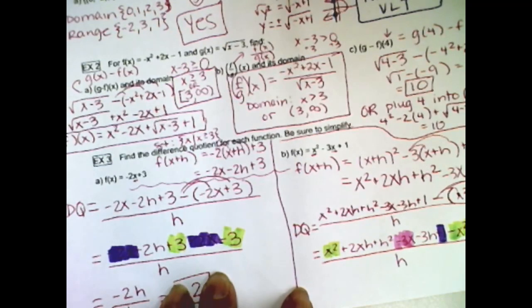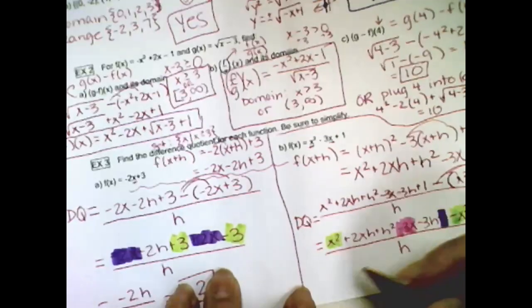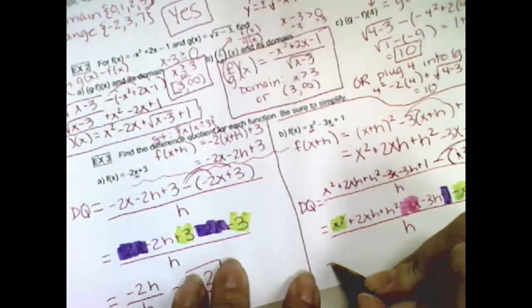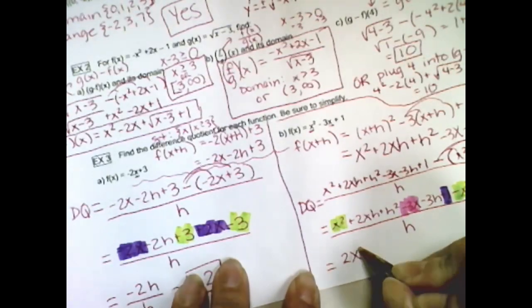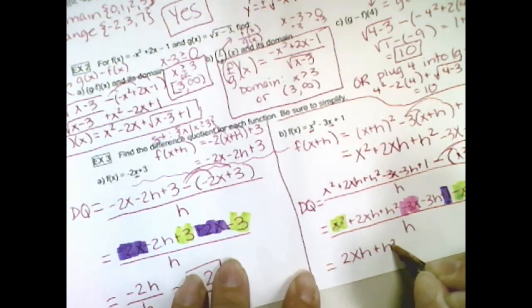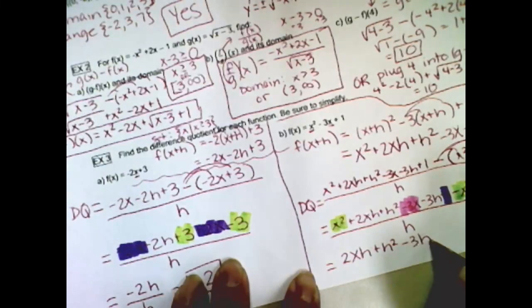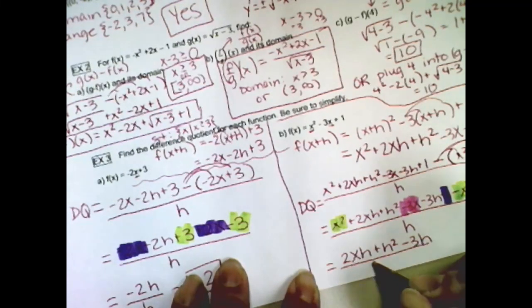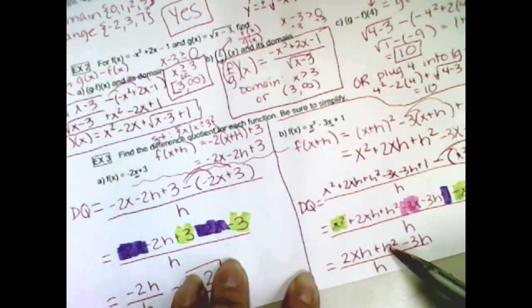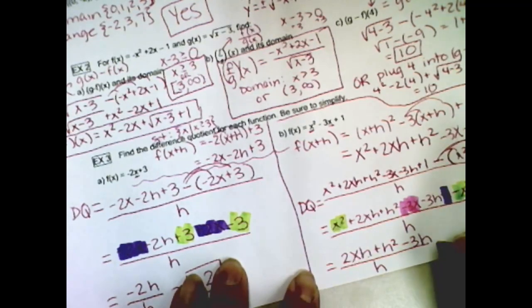So if I bring down what I've got, 2xh plus h squared minus 3h, all divided by h, all of them have an h, which means technically you can factor the h out, right?